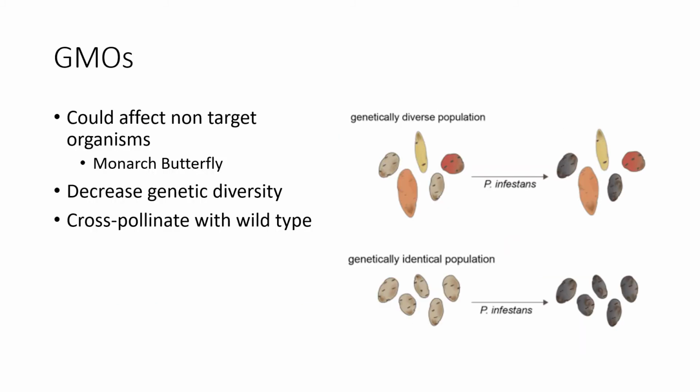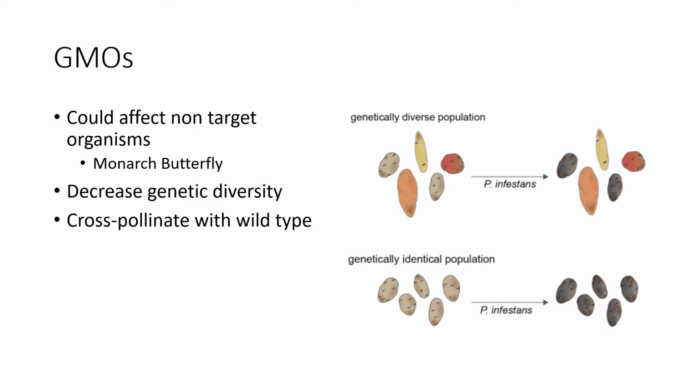But the problem with GMOs is that it can affect non-target organisms. So in that BT corn example, you have the monarch butterfly actually eating it, and it's not going well. The monarch butterfly is declining in populations. You also have this decrease in genetic diversity. One, you end up with a lot of the same crop, or monocropping, because if a farmer's investing in GMOs, you're getting a lot of genetically identical seeds, and so you're growing all the same thing.